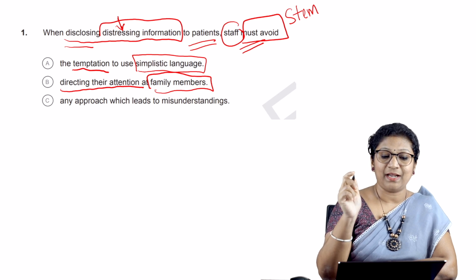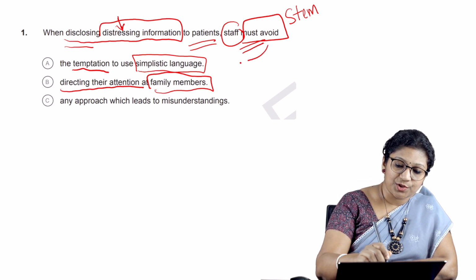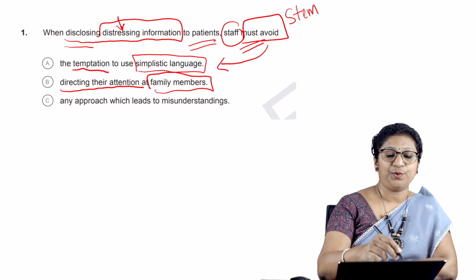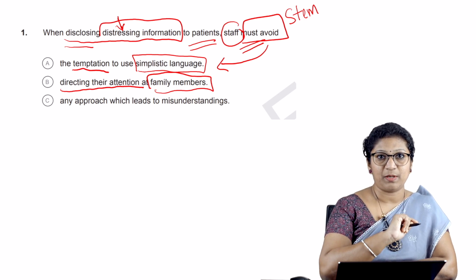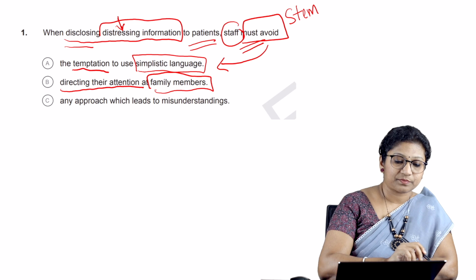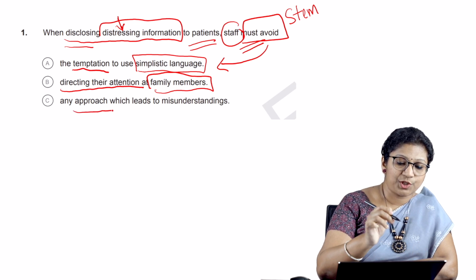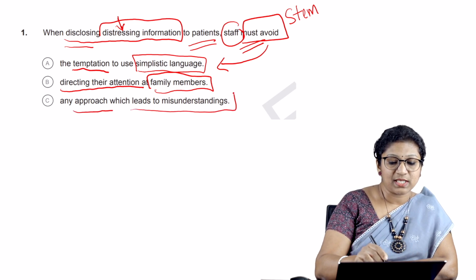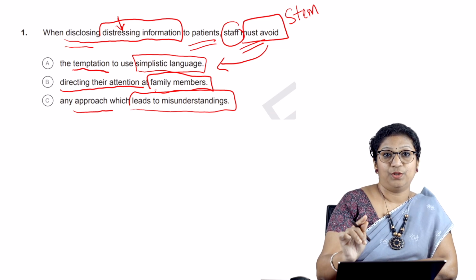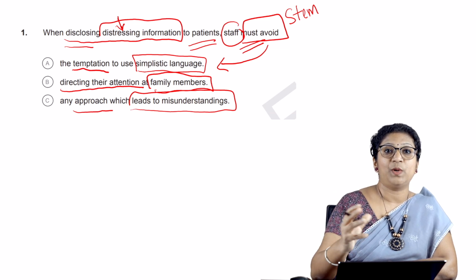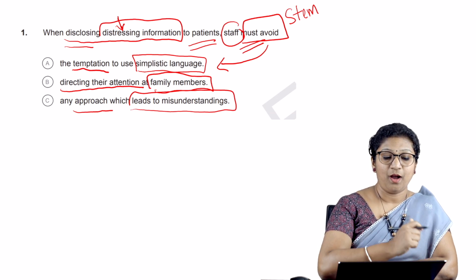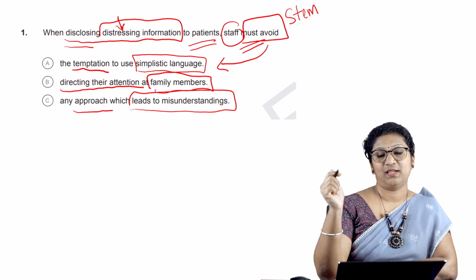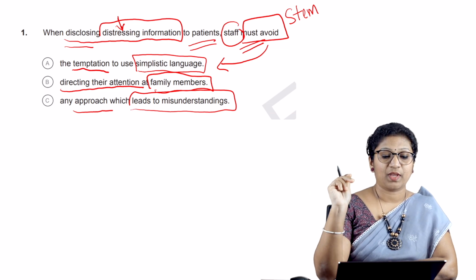So must avoid: not to use simple language, not to direct attention at family members. Option C, any approach leads to misunderstanding. Not to do anything which will lead to misunderstanding. Avoid approaches leading to misunderstanding.